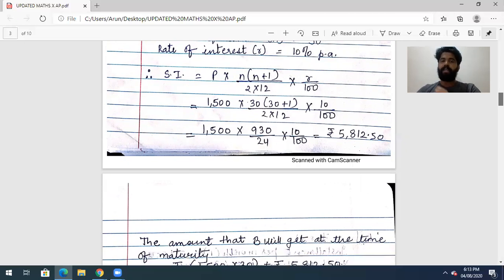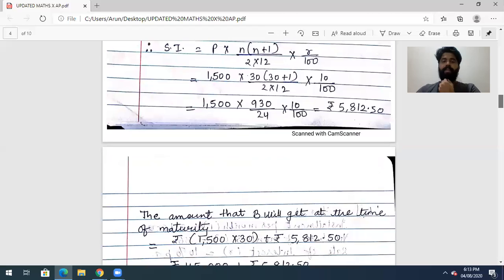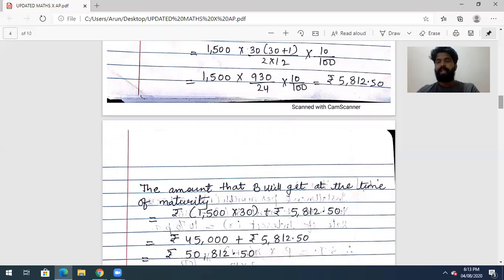So P is 1500 into N is 30 into 30 plus 1 upon 2 into 12 into 10 upon 100. We get 1500 into 30 into 31 upon 24 into 10 upon 100. 0, 0 will get cancelled, and when you make all the calculations, you get interest as rupees 5,812 rupees and 50 paise.